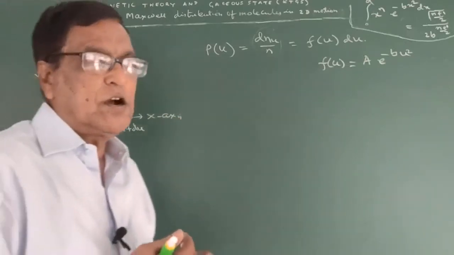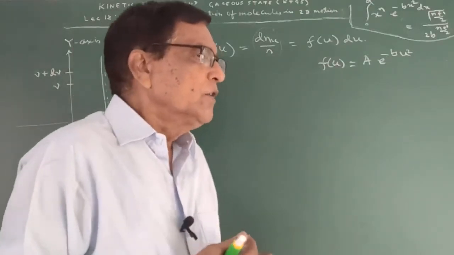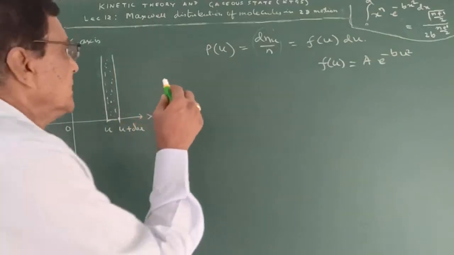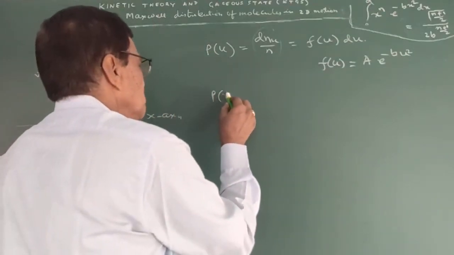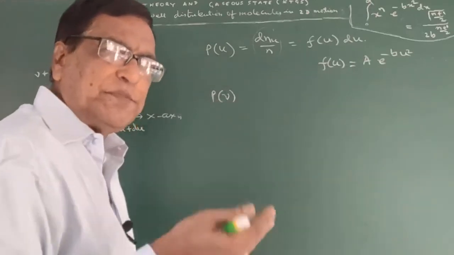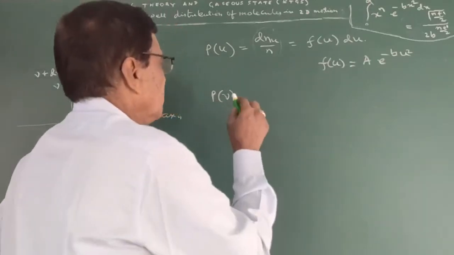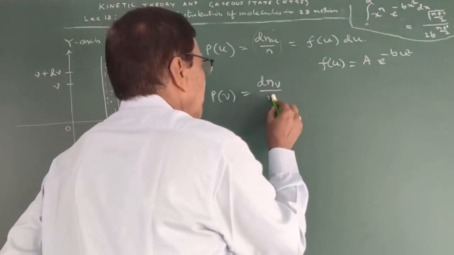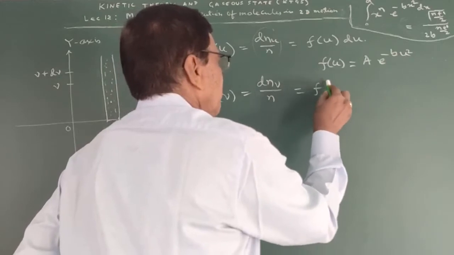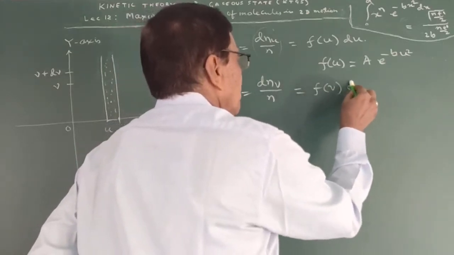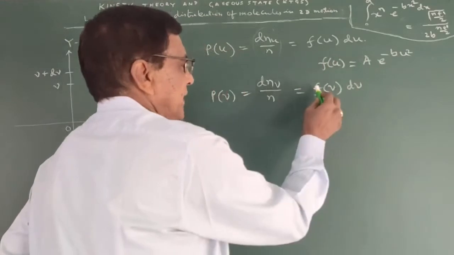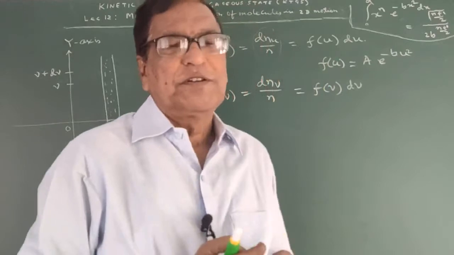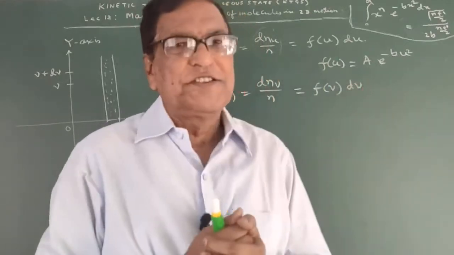This is the range of u and v. So the probability of these molecules having the velocity v to v plus dv is dn_v divided by N, and this is equal to f(v) into dv, where f(v) is again the y component velocity distribution function, and dv is the range.